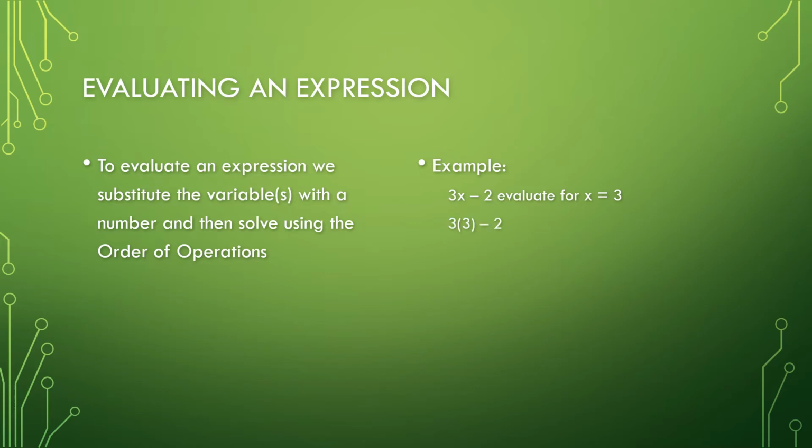When we do that, we now have 3 times 3 minus 2. Multiplication comes before subtraction, so 3 times 3 is 9, and 9 minus 2 gives us 7. 7 then would be the simplified form of the expression that we get as we evaluate.